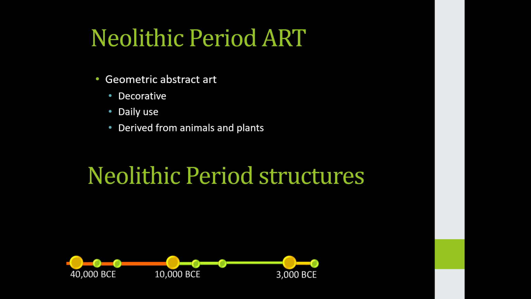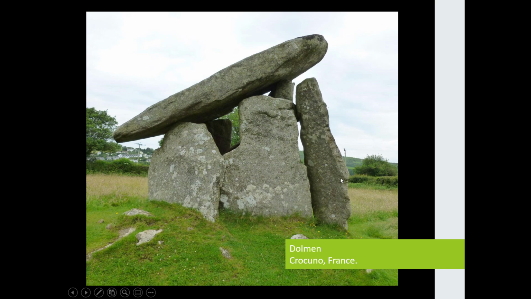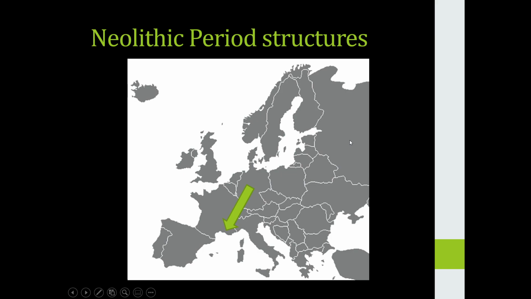So let's look at some of the structures from the Neolithic period, and this is what they look like. These are called dolmens, okay, and you'll find quite a bit of those all throughout Europe.